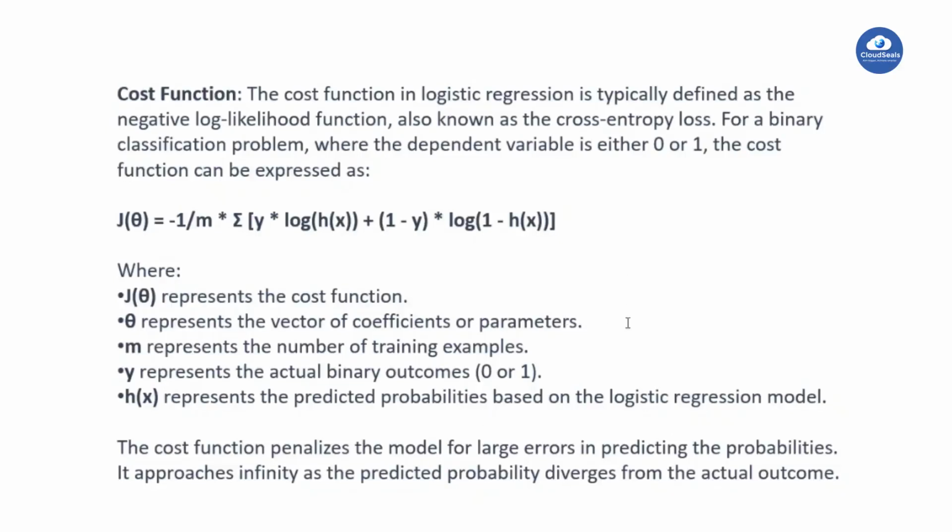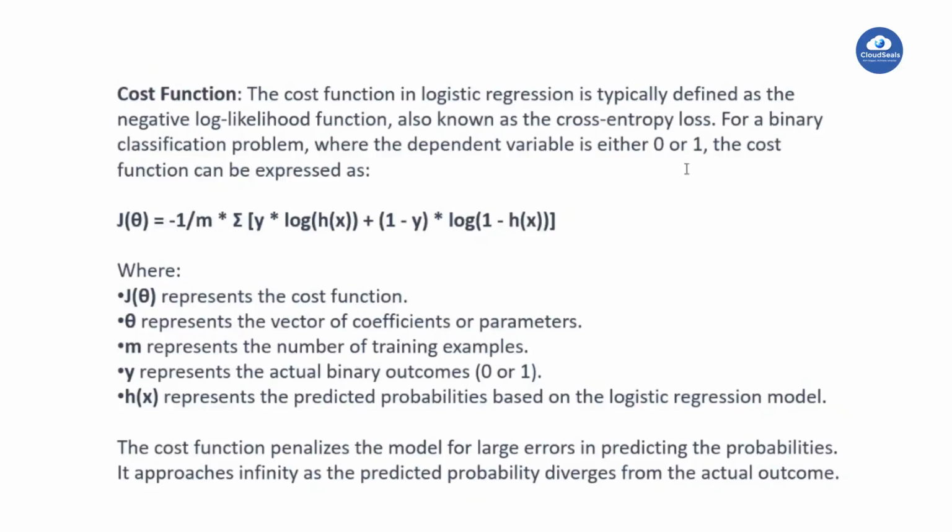We'll see in future how to use linear regression for classification, and how to use logistic regression for the continuous variable. This is the cost function. We'll use log likelihood; negative log likelihood is the cost function for logistic regression.